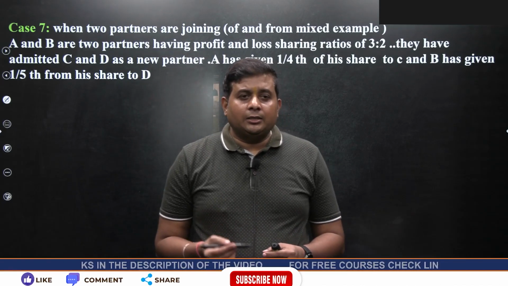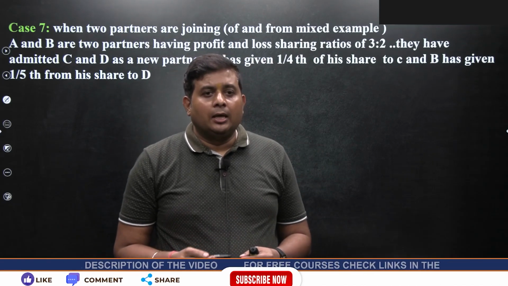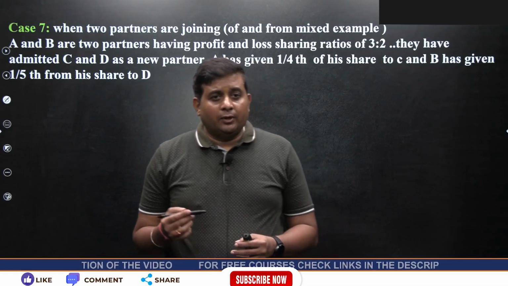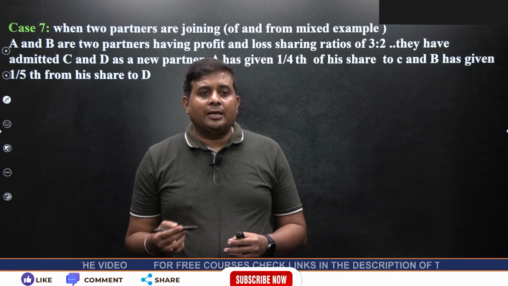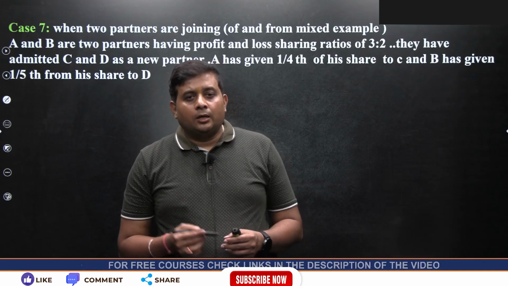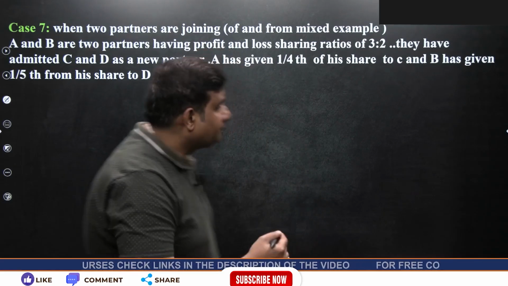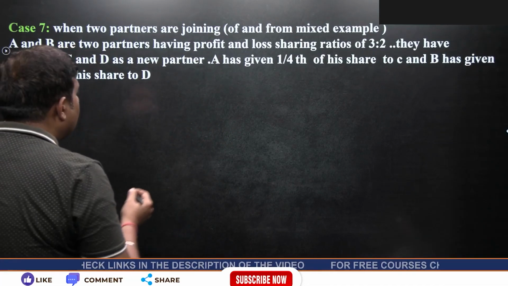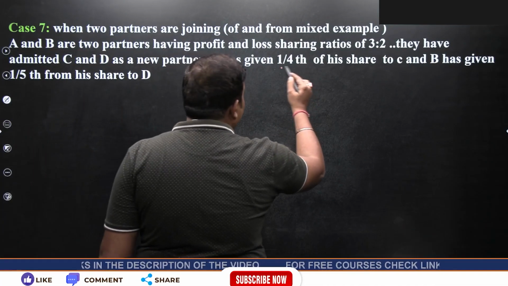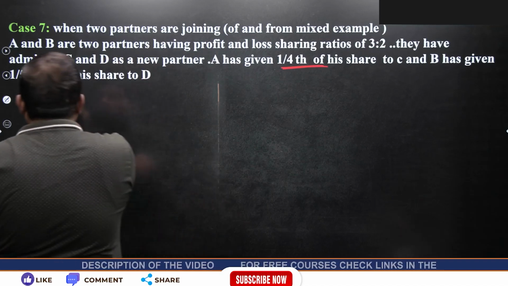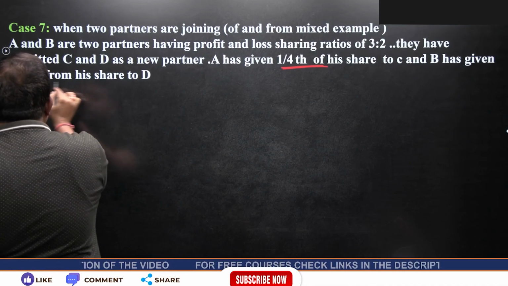They have admitted C and D as new partners, and A has given 1/4 of his share to C, and B has given 1/5 from his share to D. So it's really simple. See, here you can notice 1/4 of, and here you can notice 1/5 from.